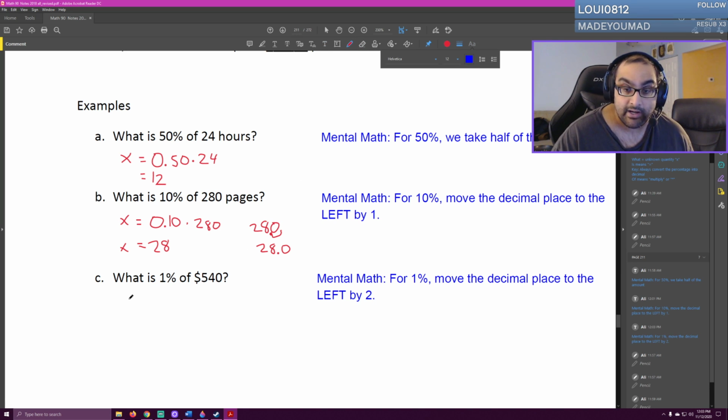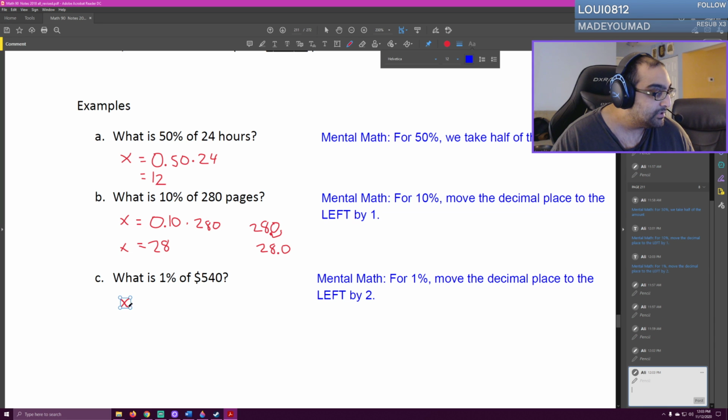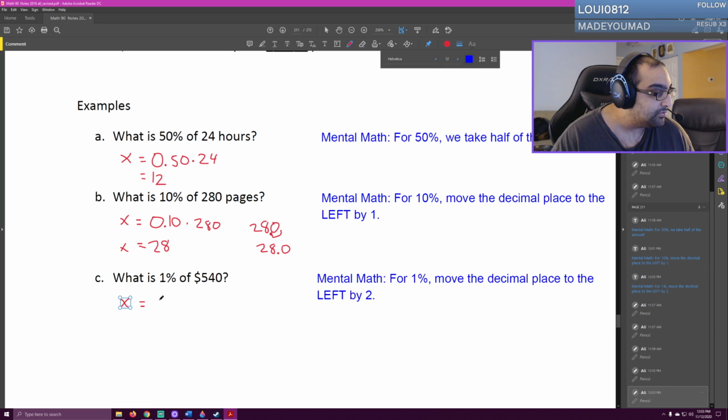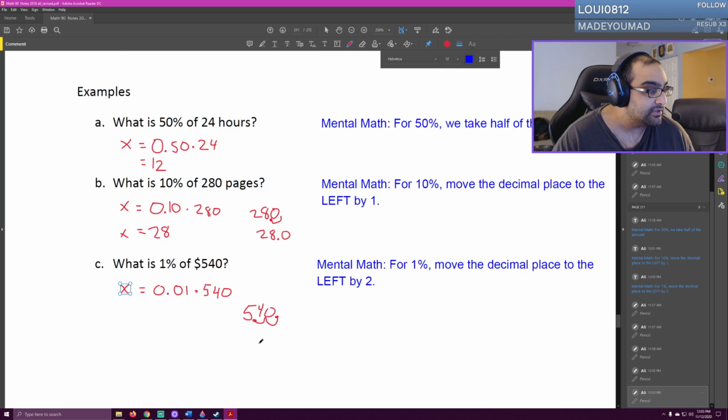Again, if you want to write it out, that's perfectly fine. So here we have x equals 0.01 times 540. If you just want to write out your mental math, that's fine too. We start over here to the right, and we go 1, 2 decimal places to the left.